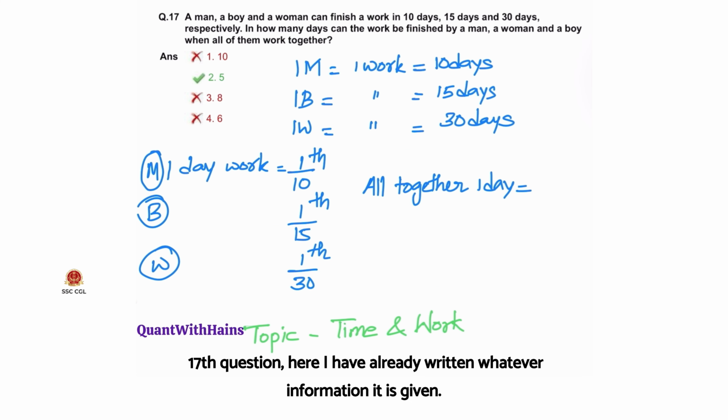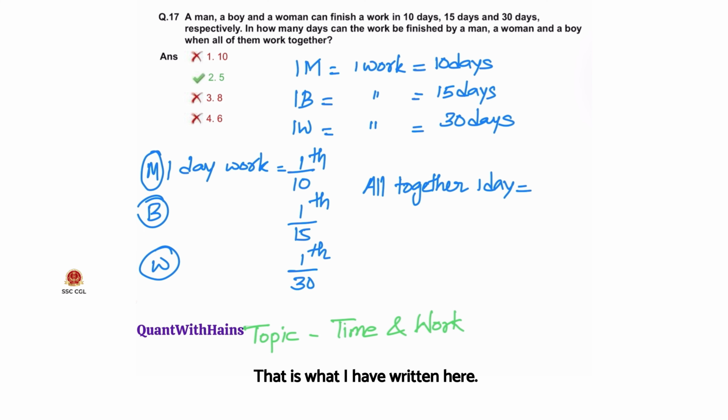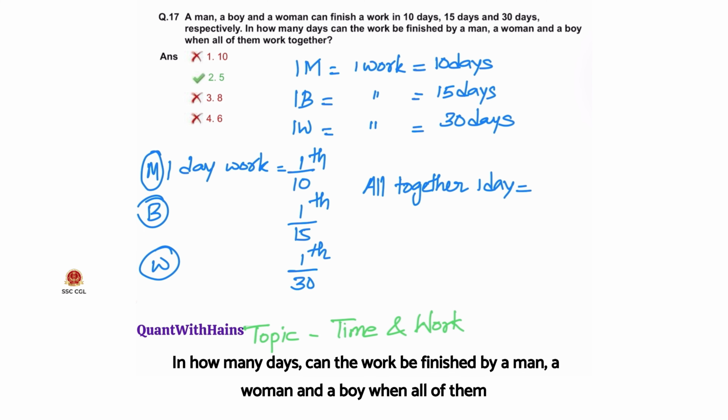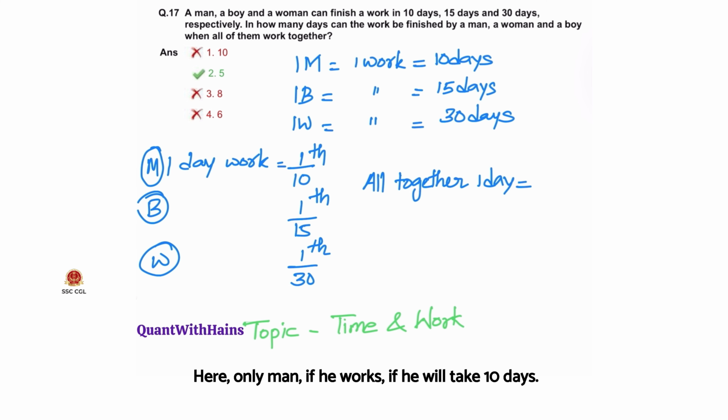Here I have already written whatever information is given. A man, a boy and a woman can finish the work in 10 days, 15 days, 30 days respectively. That is what I have written here. In how many days can the work be finished by a man, a woman and a boy when all of them work together? Here only the man, if he works, it will take 10 days.